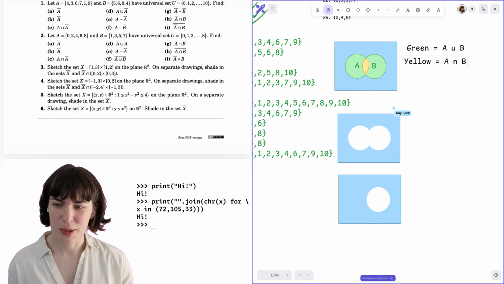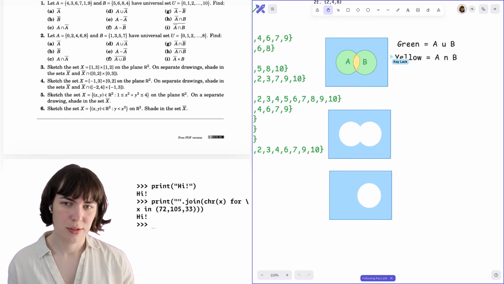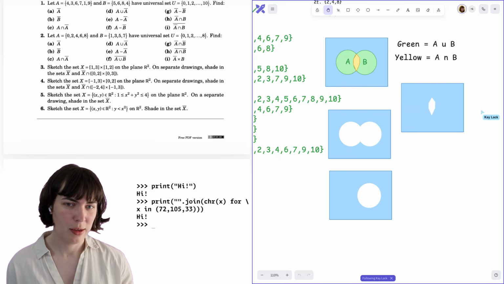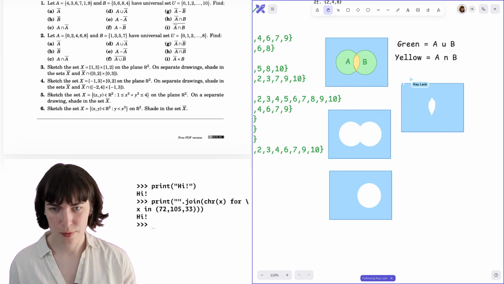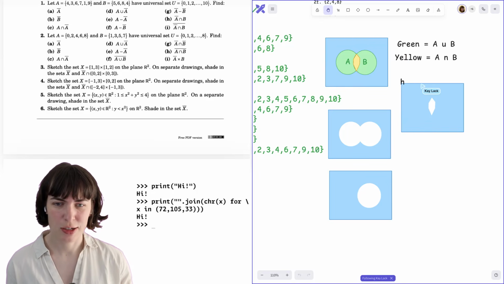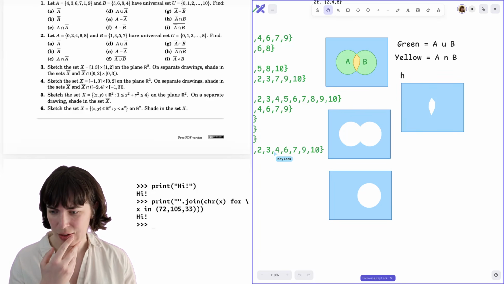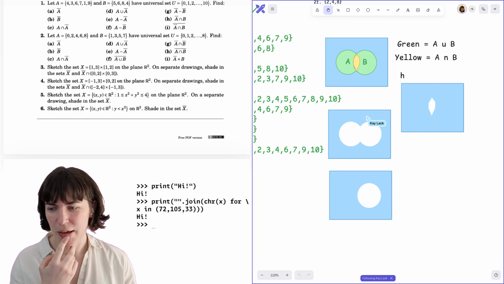So yellow is A intersect B, and then H is, yeah, you're right. Yeah, so this is what H should look like, in abstract. Is that what you were saying?